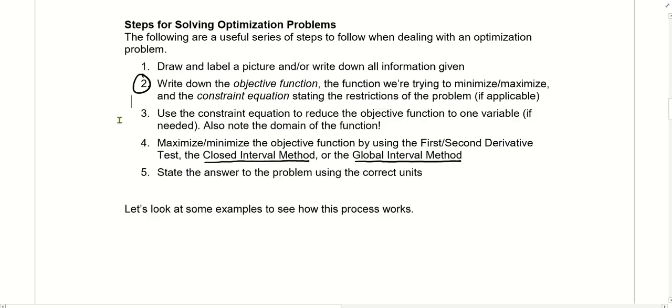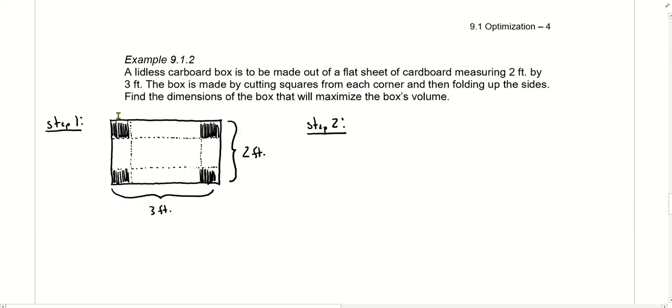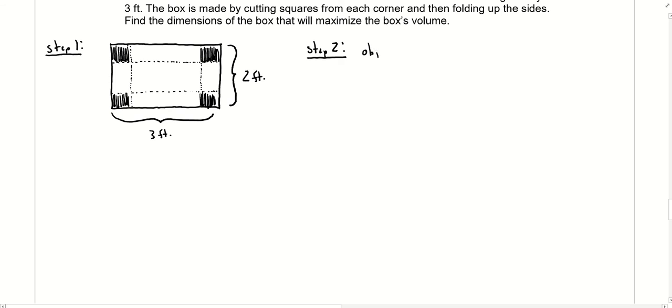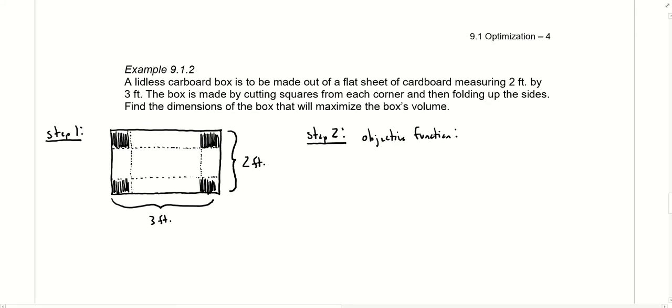My objective function, remember, is the thing I want to maximize or minimize. So when I consider my objective function here, the thing I want to maximize, in this case, is the box's volume.